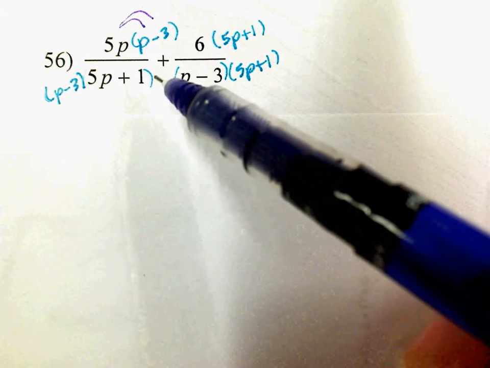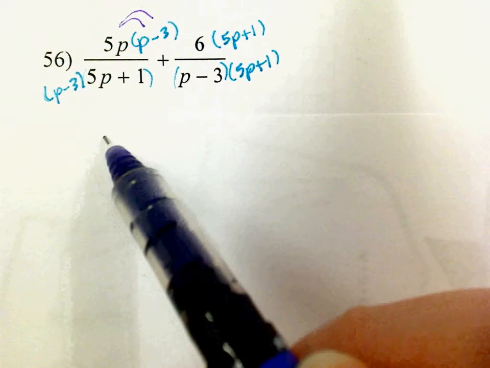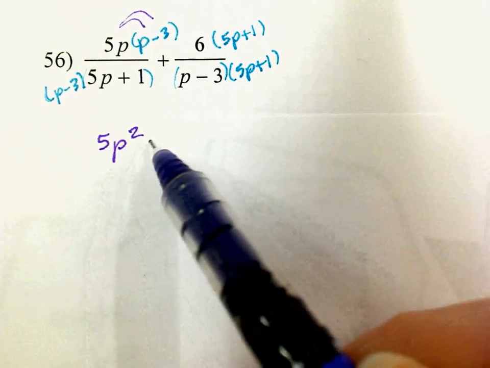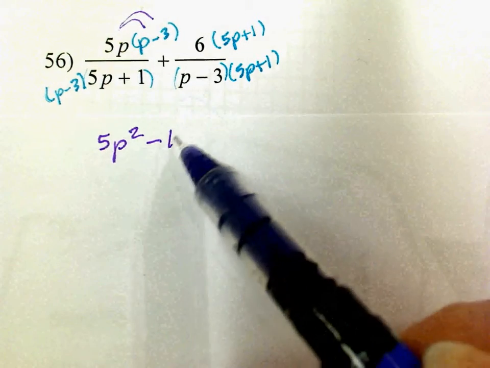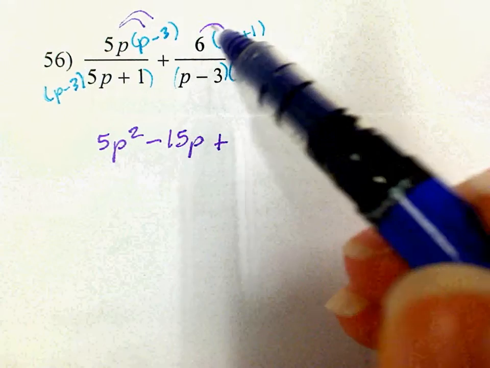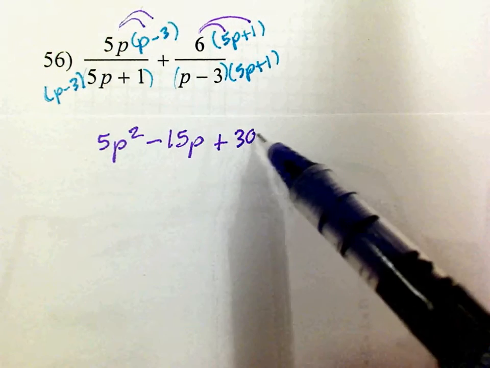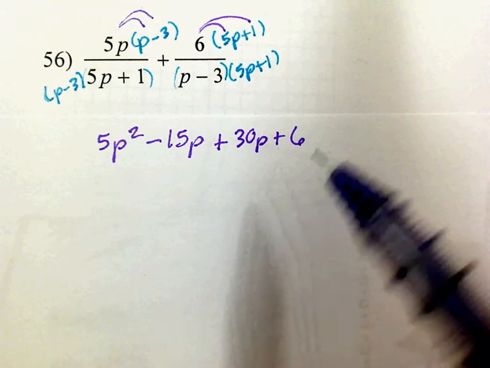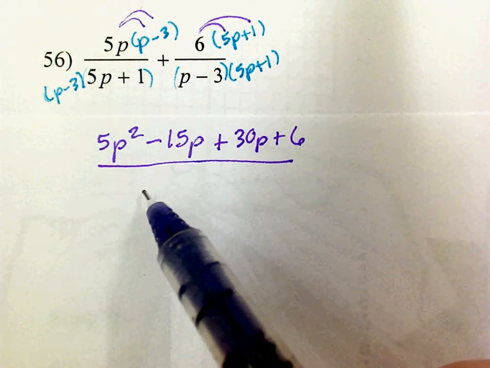Okay, so 5p times p. 5p squared minus 15p plus, over the common denominator.